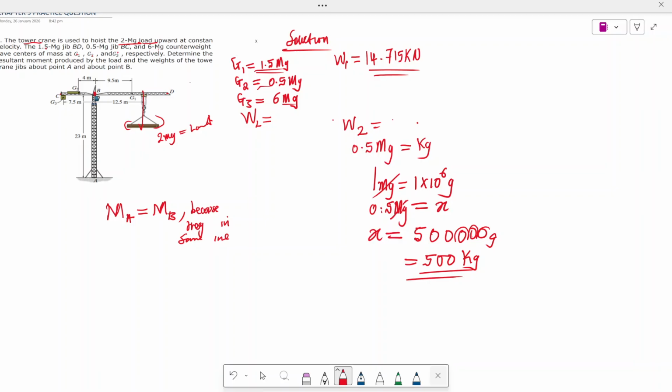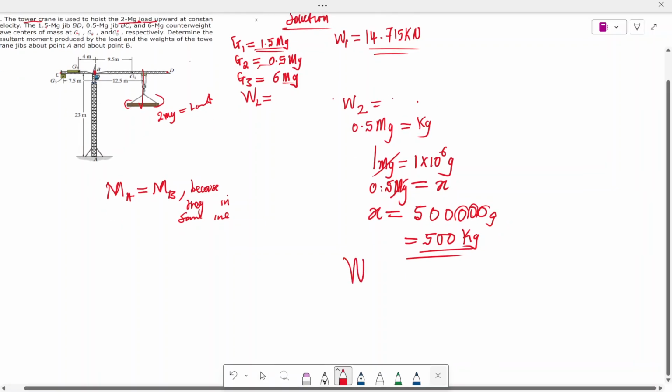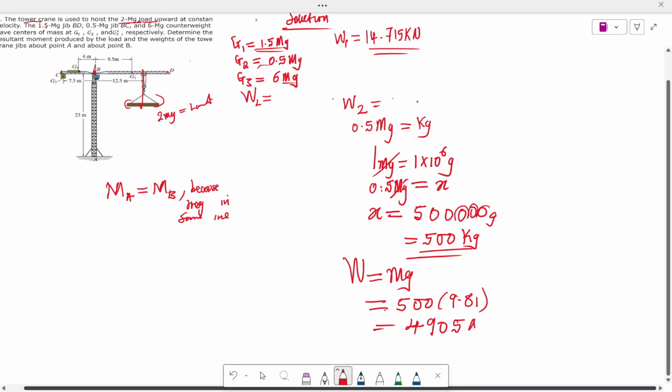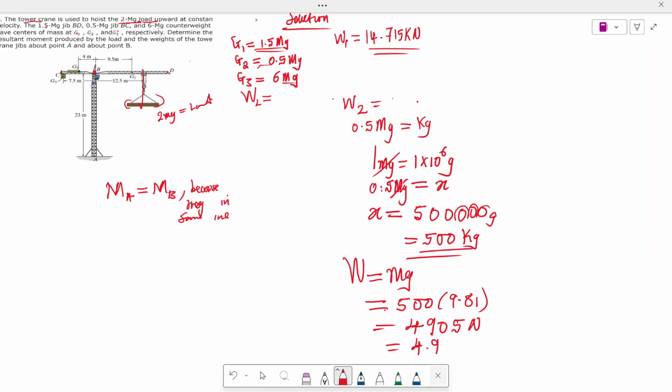Therefore weight is equal to mg, mass times acceleration due to gravity. It's going to be 500 times 9.81, which is going to give us 4905 newton, which is equal to 4.91 kilo newton.